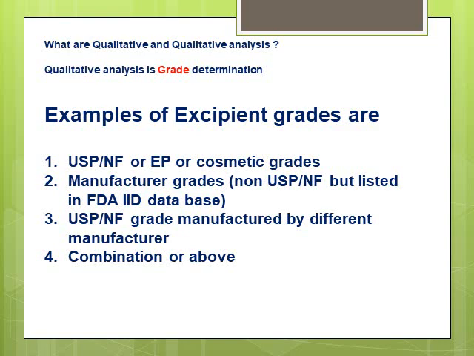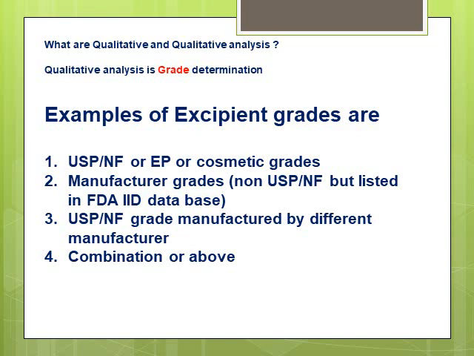They're probably good for maybe toothpaste, or this one is good for a gel product, so it would be the manufacturer grade. The third type of grade is probably the USP grade: USP grade raw material that is manufactured by different manufacturers. There may be 4 or 5 different manufacturers making this excipient, which they call USP grade, but they are not entirely similar. And then we could have a combination of the above.